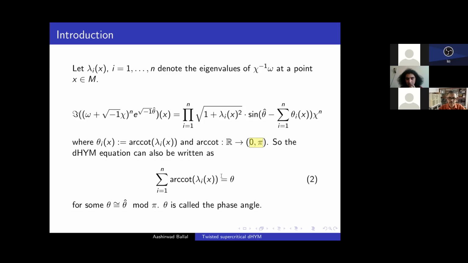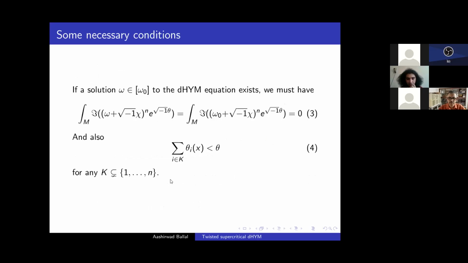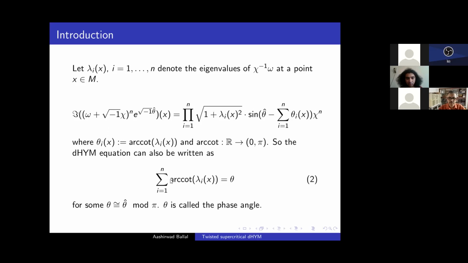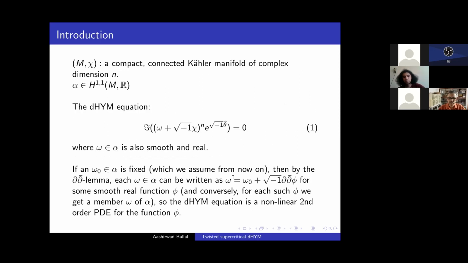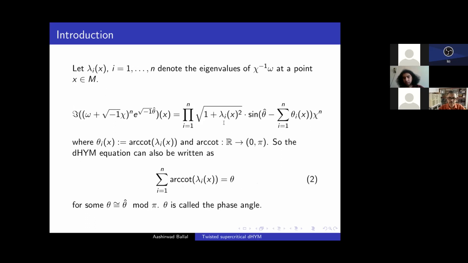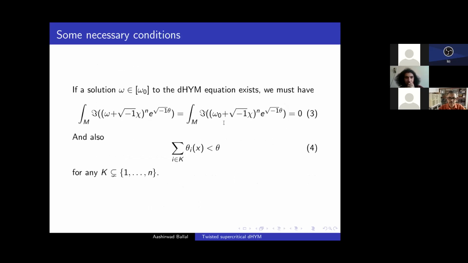So we get that the summation of theta i of x is equal to theta at each point x on the manifold, and this theta is congruent to theta hat modulo pi. And it's called the phase angle.